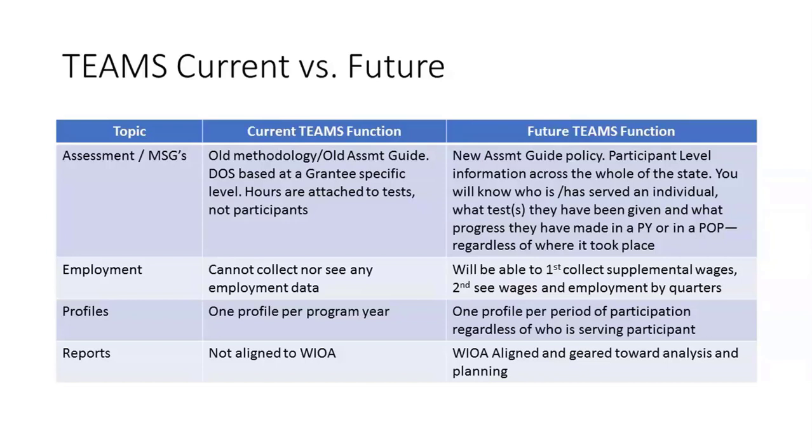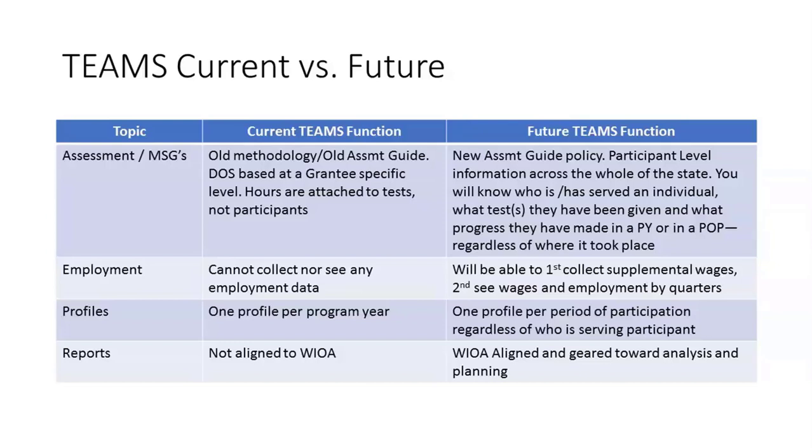And regardless of where that student goes in terms of providers across the state or services that they receive, we want to know what happened from when they first came into the program through the point that they exited. And then if they are out for 90 days and they come back, we would start a new profile. So profiles are really meant to be based off of a period of participation and the time that we have with a student comprehensively, outside of program year timelines, if that makes sense.